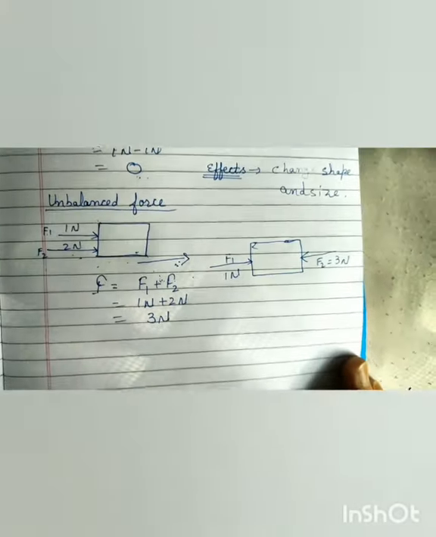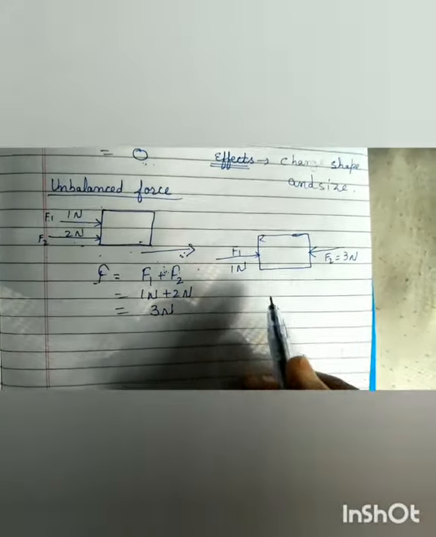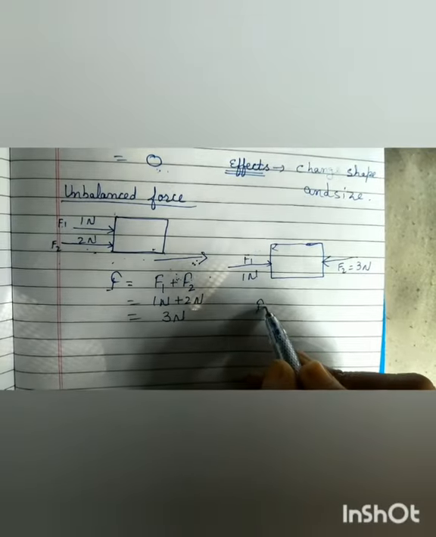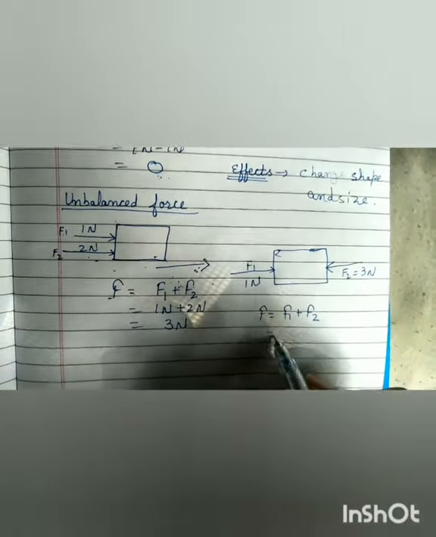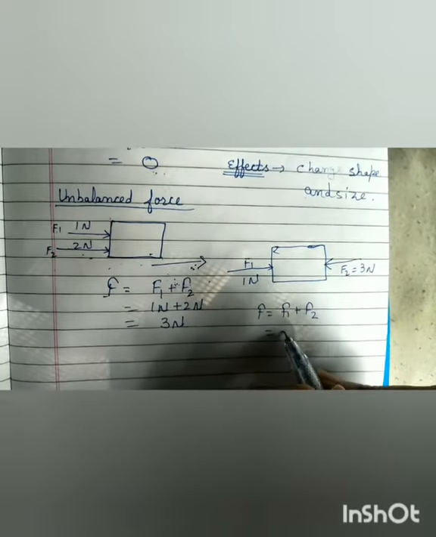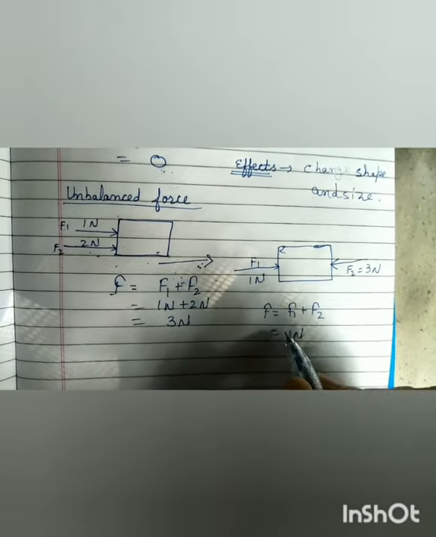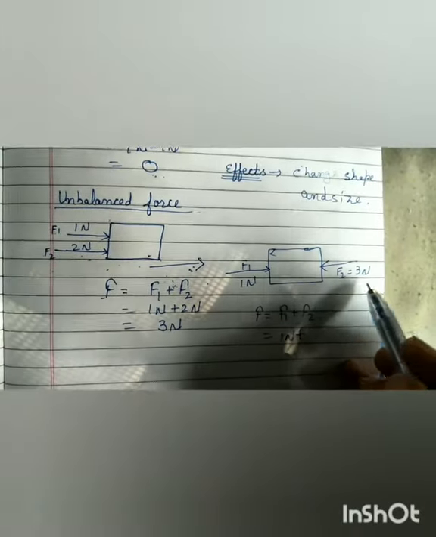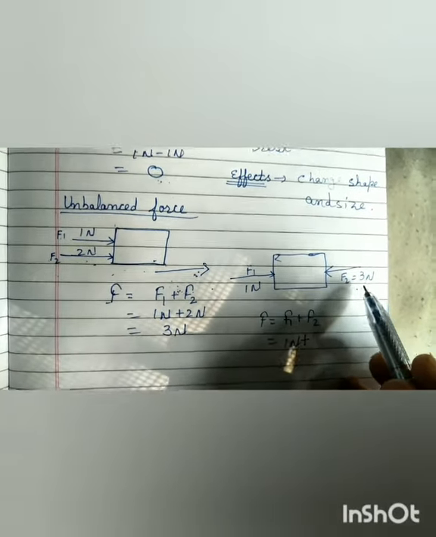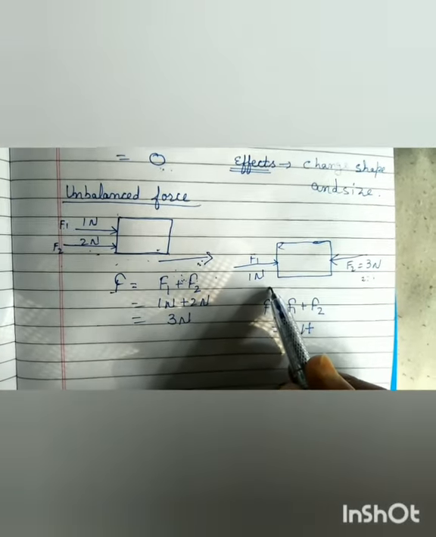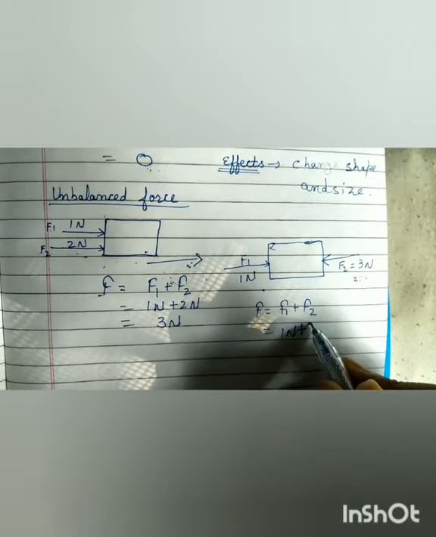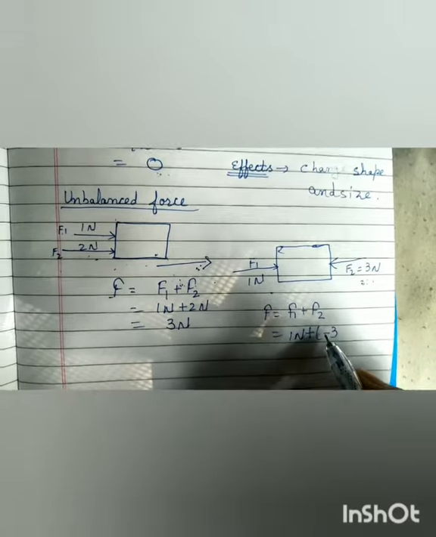Now if you find the resultant of these two forces acting on the object, F is equal to F1 plus F2. If you put the values, F1 is 1 Newton with plus sign, plus what sign will we take with the 3 Newton? It is minus 3. Why is it minus 3? Because it is opposite in direction to the F1 force. So I will put a negative sign over here.